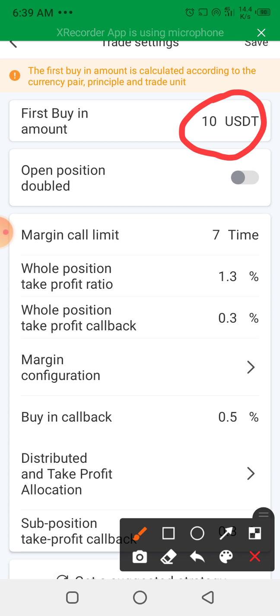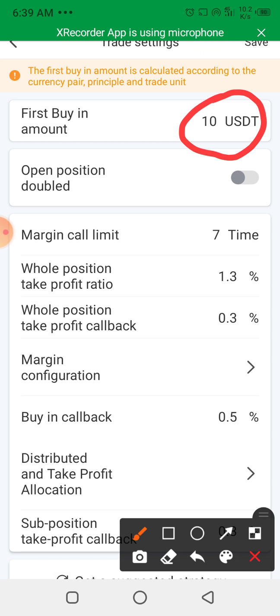So the first buy-in amount it will take is 10 USDT, and it is advised to always keep it at this 10 USDT, even if you are trading with 1,000 or 2,000 USDT.